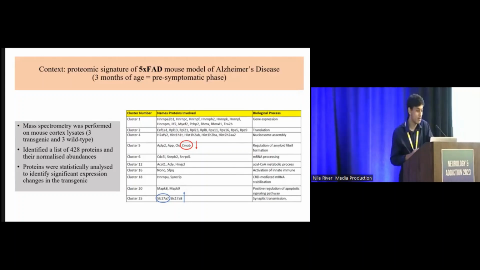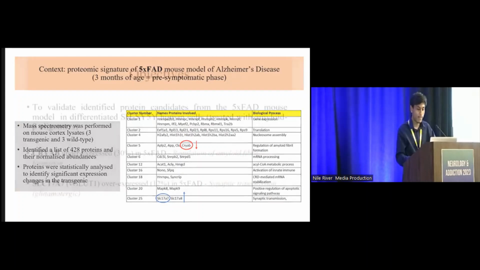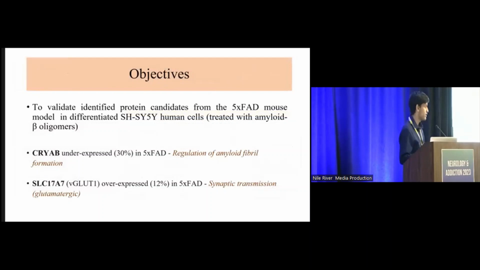The two that we finalized were CRYAB, a chaperone protein involved in regulation of amyloid fibril formation. It's a detangler, basically. And the SLC17A7, also known as VGLUT1, which is a glutamate transporter present in the synaptic neuron.